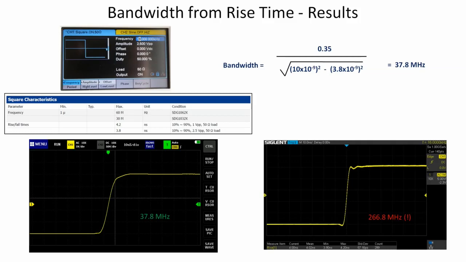Well, I think what's going on is actually pretty straightforward. If we look at the specification, I've got another snip here from the spec for the oscilloscope. It says the rise time of the scope is typically 3.5 nanoseconds, so it's only 0.3 nanoseconds different to the rise time of the signal generator. And what I suspect is going on here is the Siglent scope needs a more challenging square wave to give you a meaningful result.